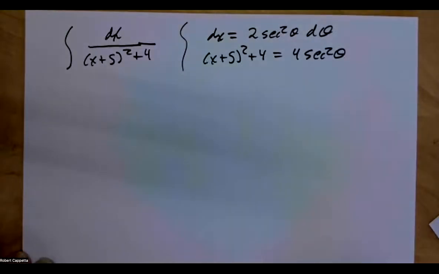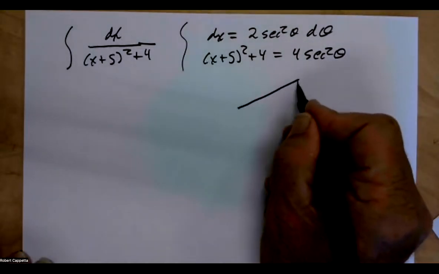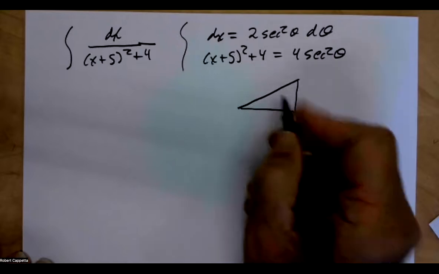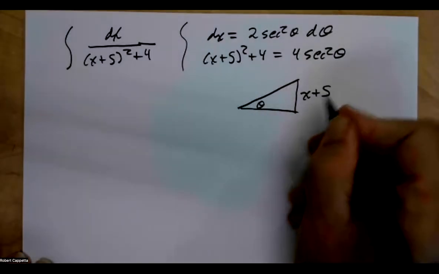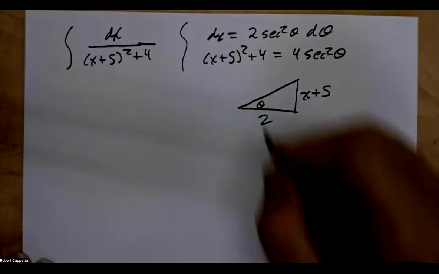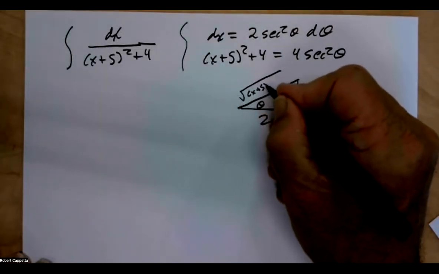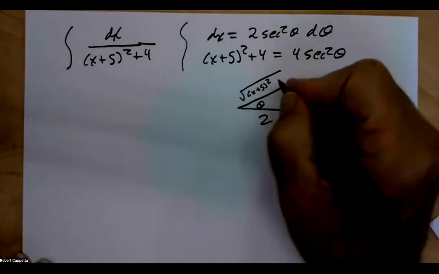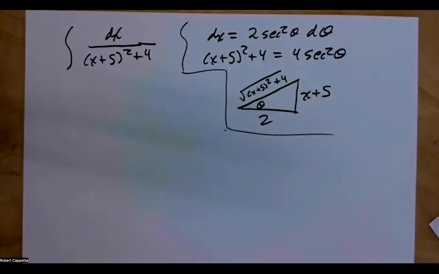And we had a triangle. Let's go ahead and rebuild our triangle from the previous page. Our triangle with theta, we had x plus 5 here. We had 2 here, and we had the square root of (x plus 5) squared plus 4 there. So that's the relevant information we need.